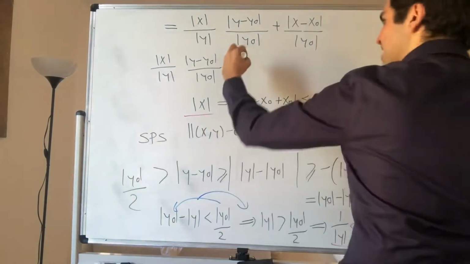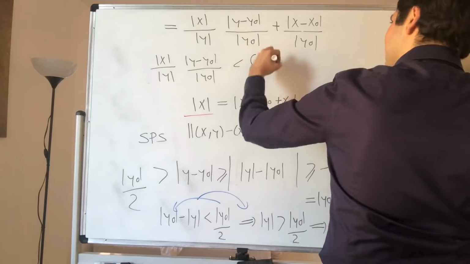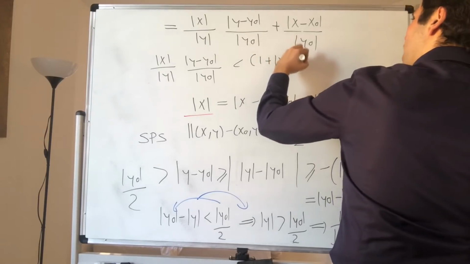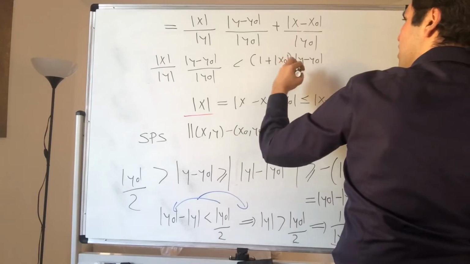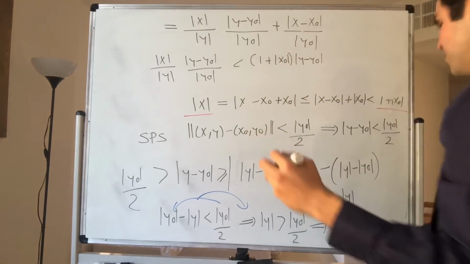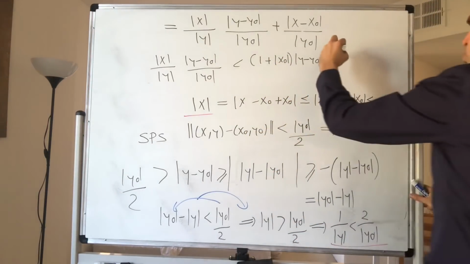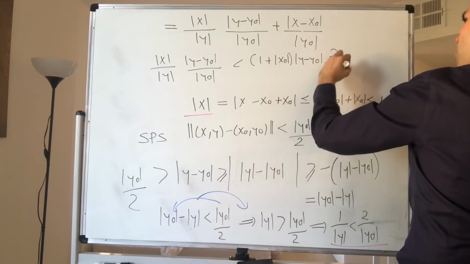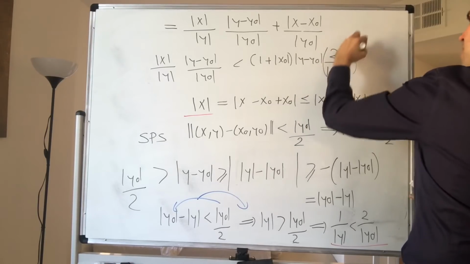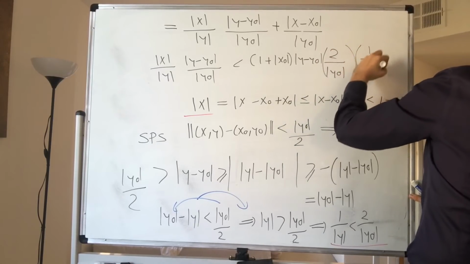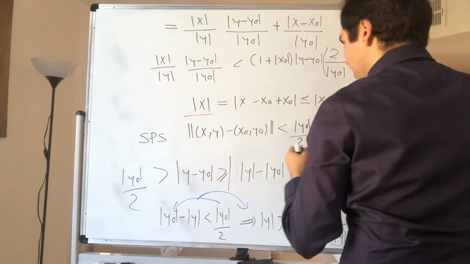So that's less than, first of all, 1 plus |x naught| times |y minus y naught|. And then also we have this thing, so 2 over |y naught|. But then remember, we still have this 1 over |y naught| factor here.